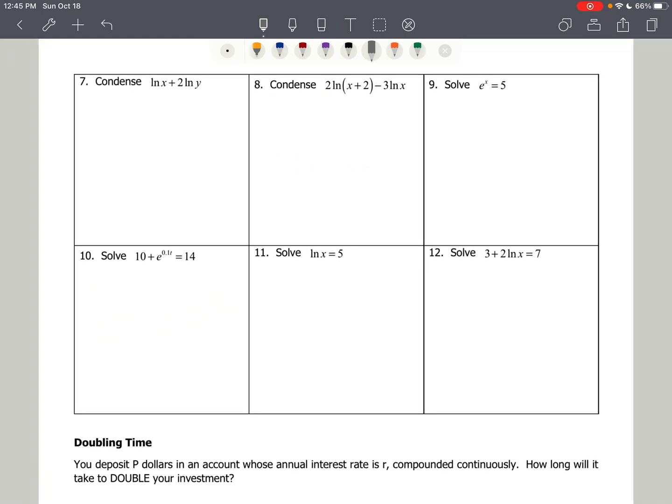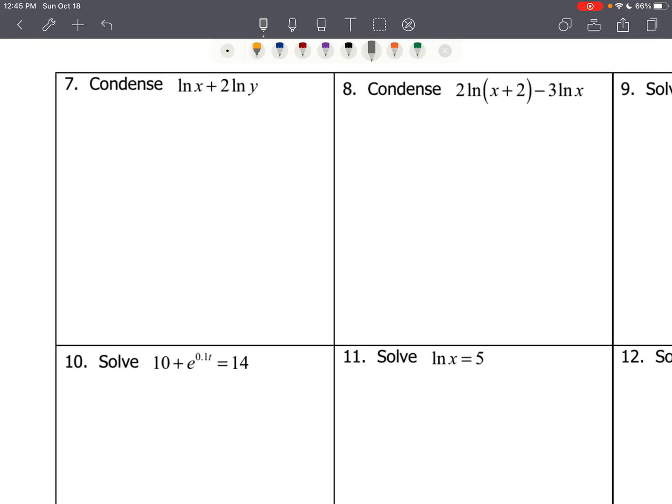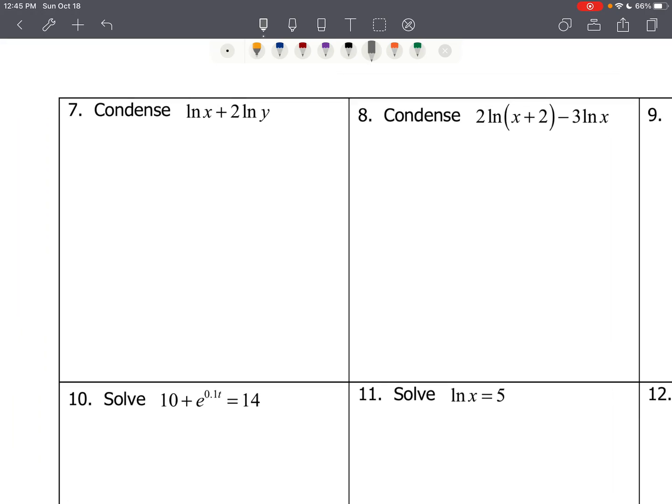Okay. Let's go the opposite way and condense our logarithms. So here we have 2 terms. We're going to condense them to 1. So what I'm going to want to do first is take care of this 2. So I'm going to have the natural log of x plus the natural log of y squared.